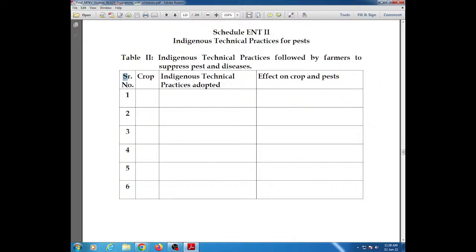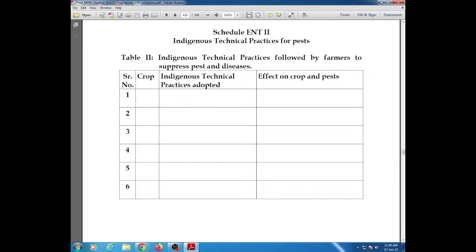So you will have the serial number 1 2 3 4 5 6 likewise in that table, as many as practices you can write. Okay, so here there will be a crop. You can write the names of the crop in which these farmers or those farmers they are using those indigenous technical practices. So indigenous technical practices adopted by the farmer for that crop you can write.